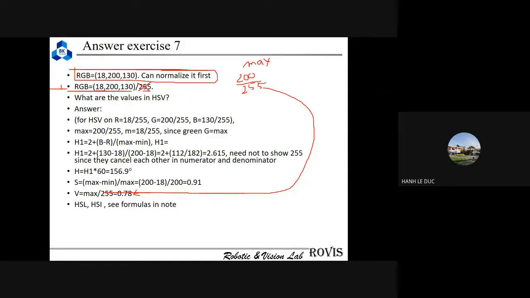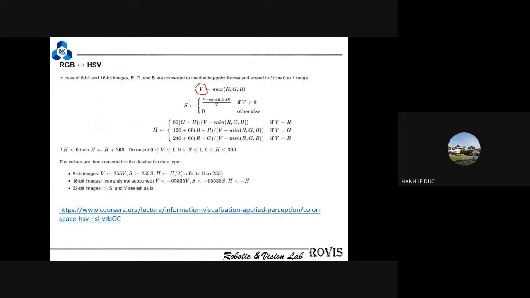And then the next value, the S value. What is the formula? Because V is different from 0, we use this function.